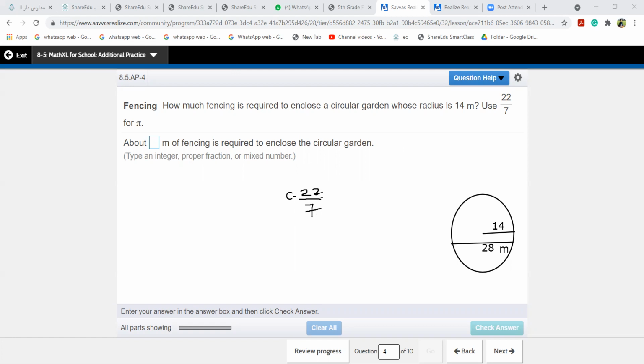And then you multiply, this is pi, and d. What is the d you told me? You told me 28. So let us simplify. 7 times 1 and 7 times 4. So we get 22 times 4, which is 88. We get 88 meters.